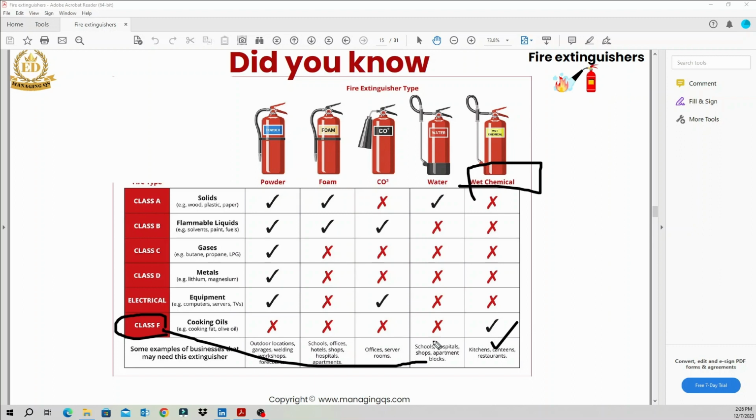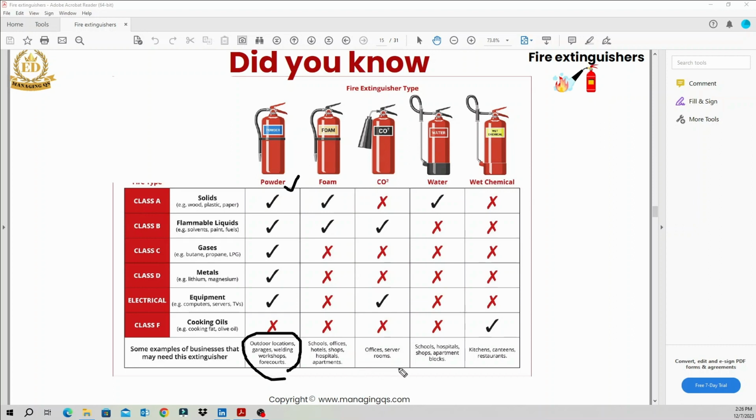In this table, it shows where powder fire extinguishers apply, such as outdoor garages and welding workshops. Normally the locations where we can apply each fire extinguisher are indicated like this.